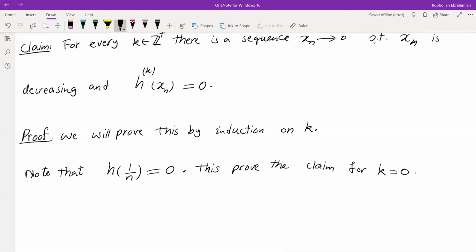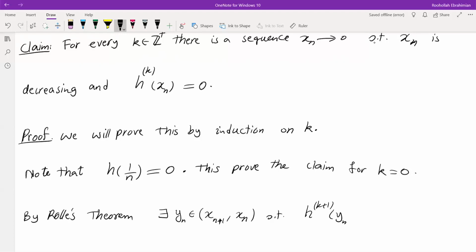Now, by Rolle's theorem, there is a value y_n inside (x_{n+1}, x_n), because that was a decreasing sequence, such that h^(k+1) of y_n is equal to 0.